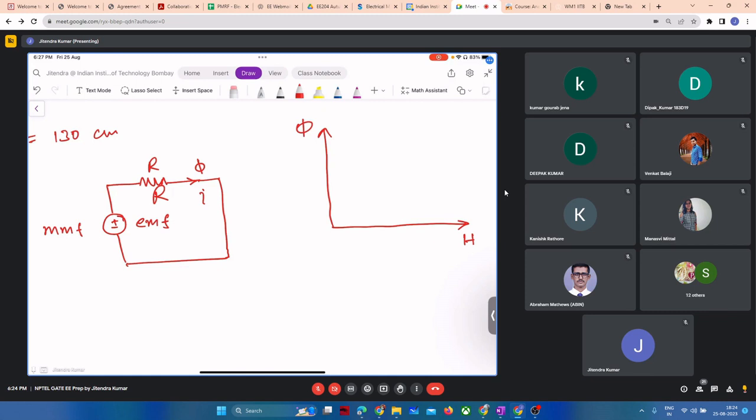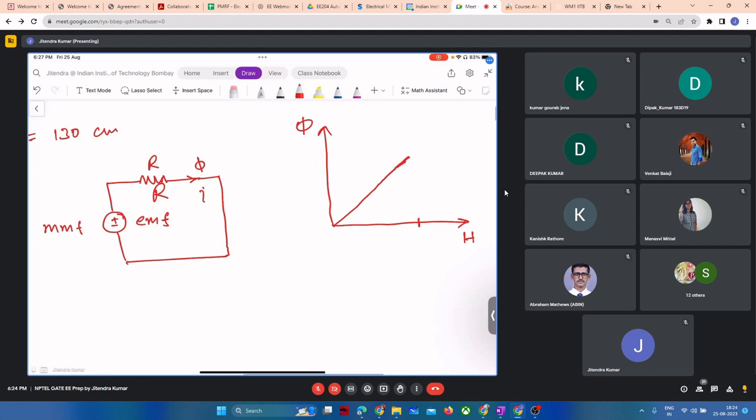If you keep increasing your MMF, or the electric field, or whatever the current source, your flux will increase up to a certain point. After that, the non-linearity of the core gets introduced, and it will start getting into the saturation region.